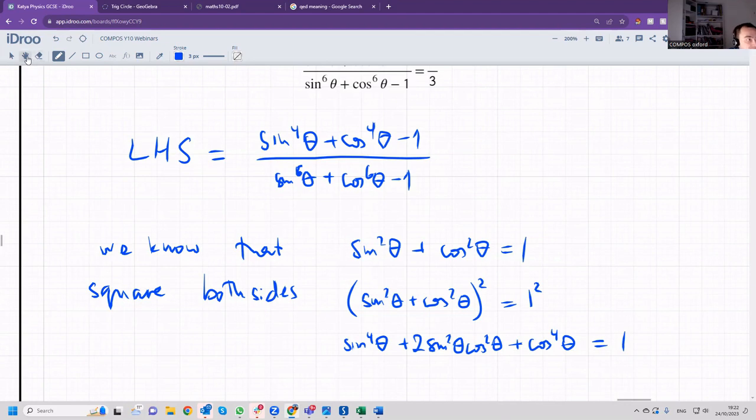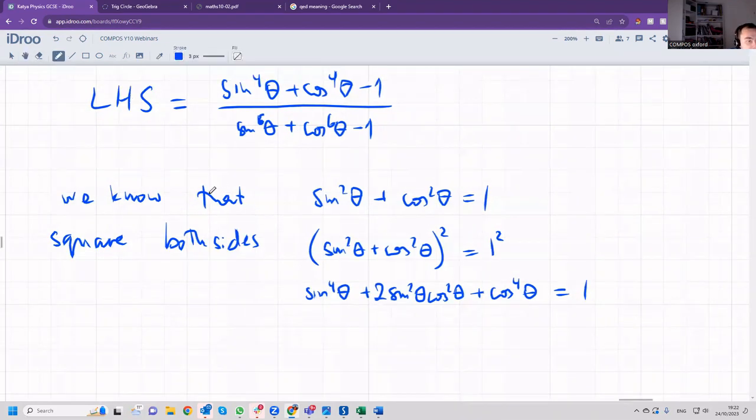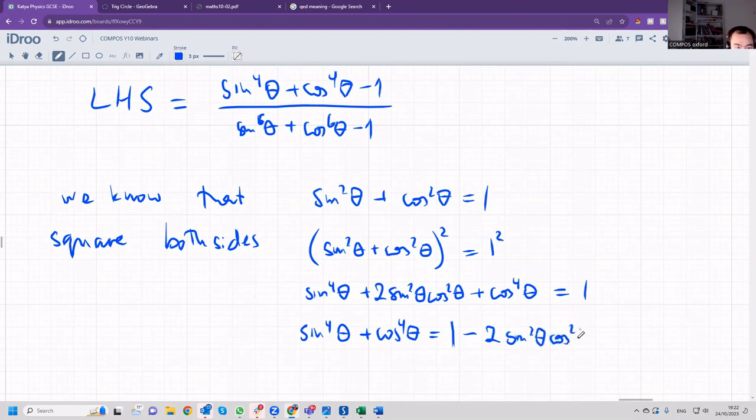In other words, rearranging this, sine to the power 4 theta plus cos to the power 4 theta is equal to 1 minus 2 sine squared theta cos squared theta. We're going to use this in a bit.